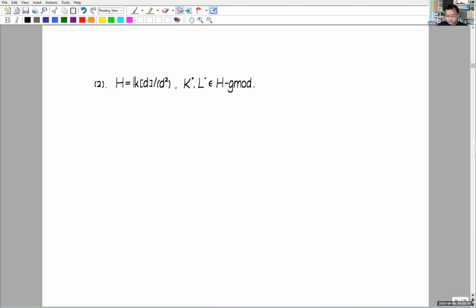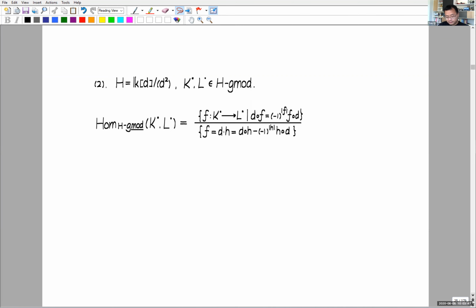So H is the graded Hopf superalgebra K[d]/d². If you're given two graded modules over this very small Hopf algebra, you can reinterpret them as chain complexes over K, right? This is what we have been emphasizing. So given two chain complexes, how do we measure their morphism spaces in the stable category?